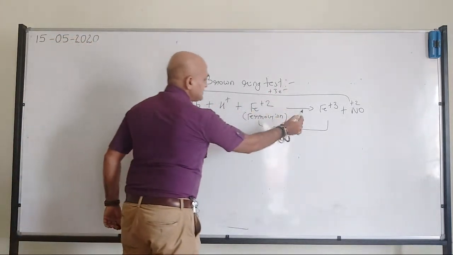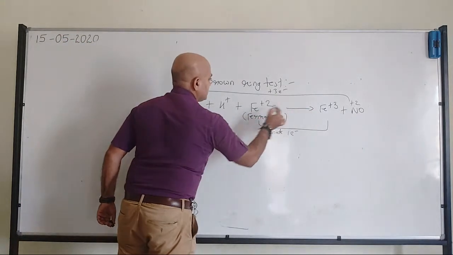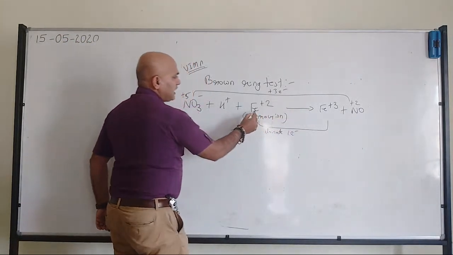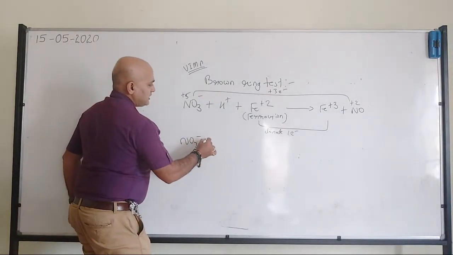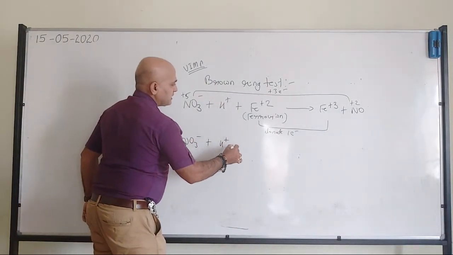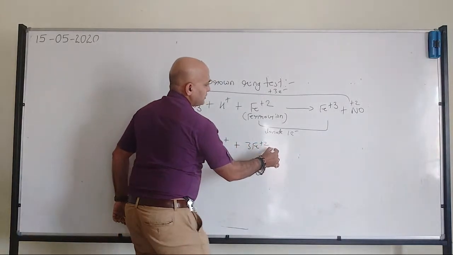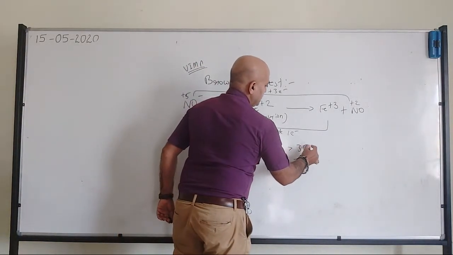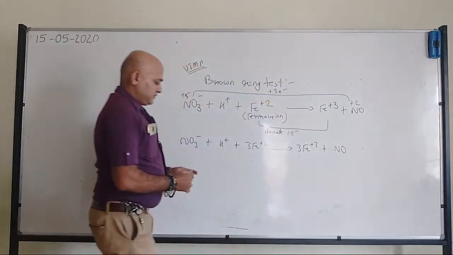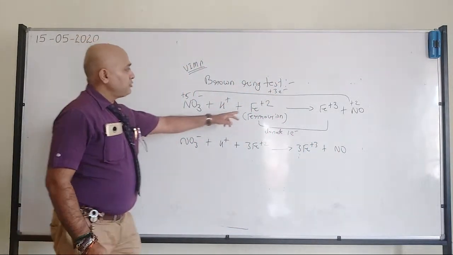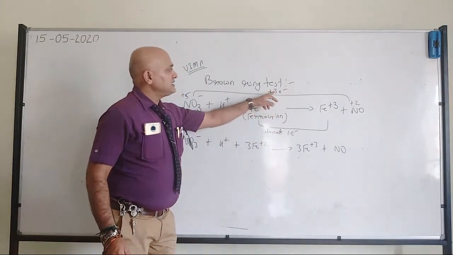So to balance the number of electrons, we have to multiply Fe2+ and Fe3+ by 3. So NO3-, H+, 3 Fe2+ getting converted into 3 Fe3+ and nitric oxide. Why do we multiply by 3? Because here there is 1 electron, and here it is 3.